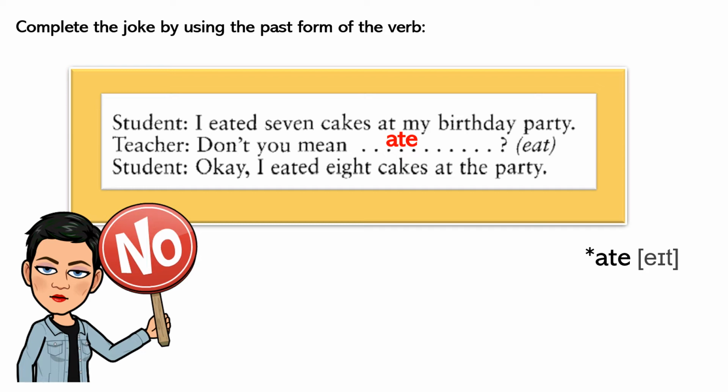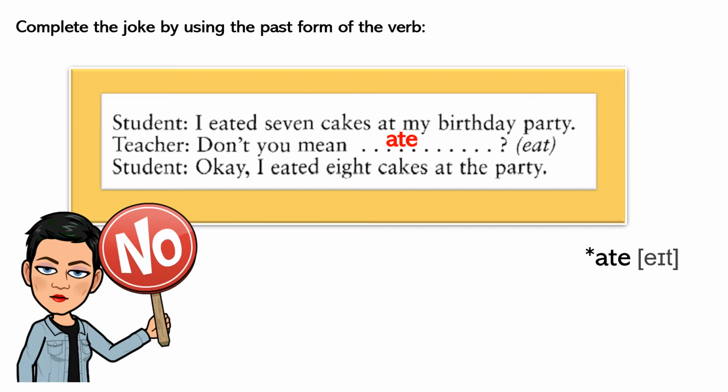The student used the past form of eat, ate it. So the teacher corrected the form. But the irregular past form of eat is ate. And it is pronounced as the number 8. So the student then changed the number 7 to number 8, but kept the wrong form.